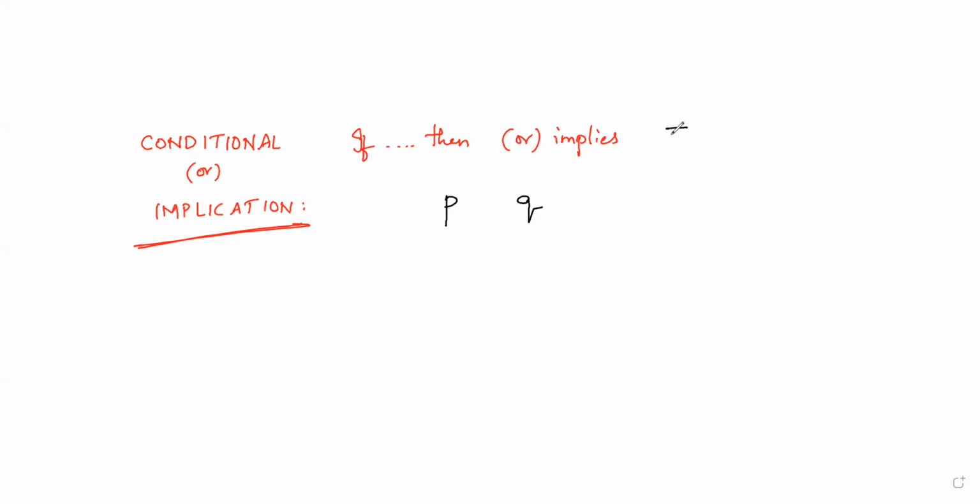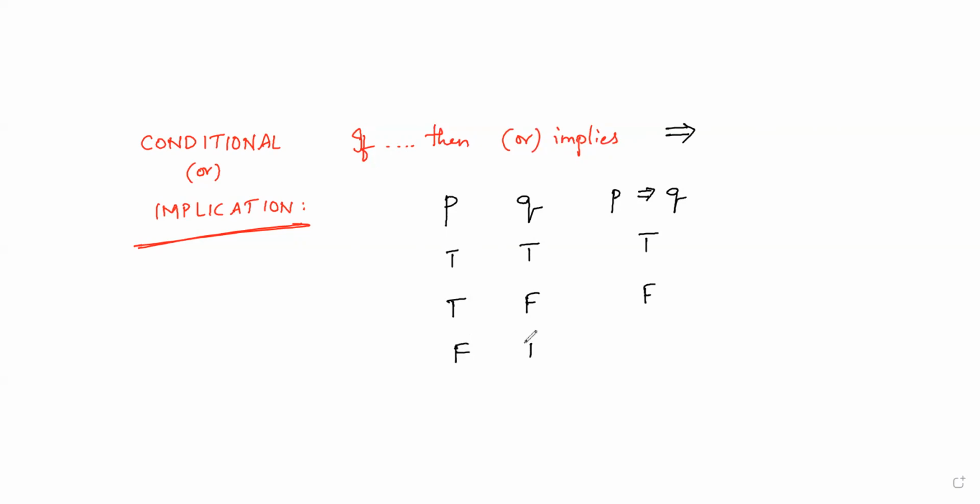This implies means you will refer like this. You already know, since your childhood you are using this. Now let us say p is true, q is also true. You will take it as true. P is true, q is false. So here, true is implying false, so your conditional will be false.